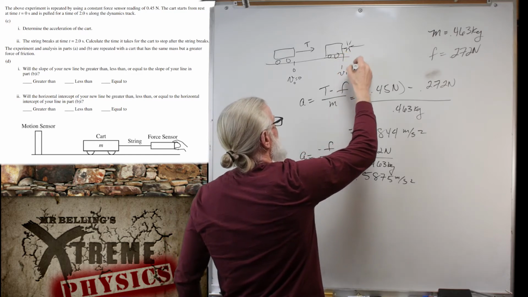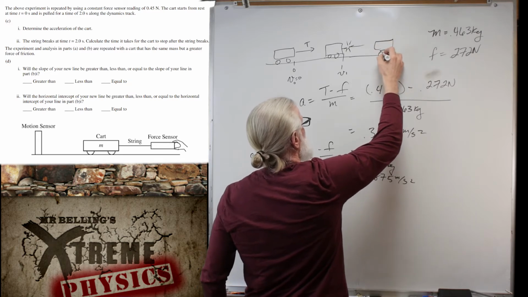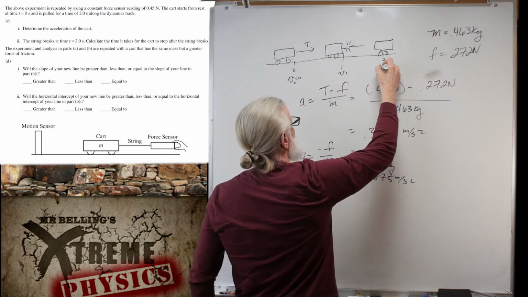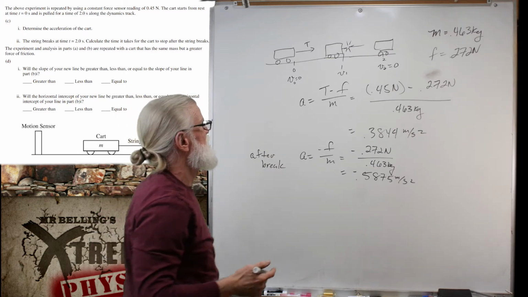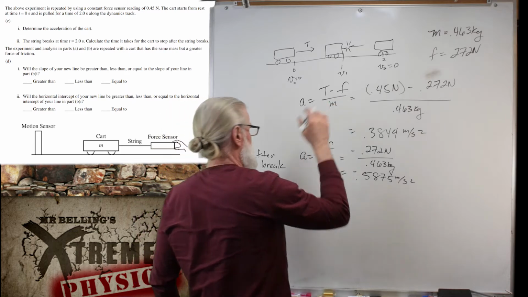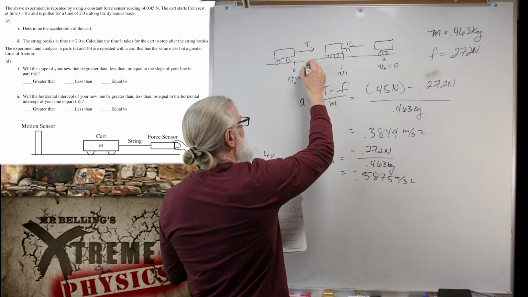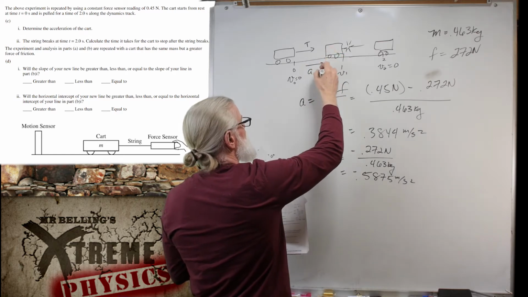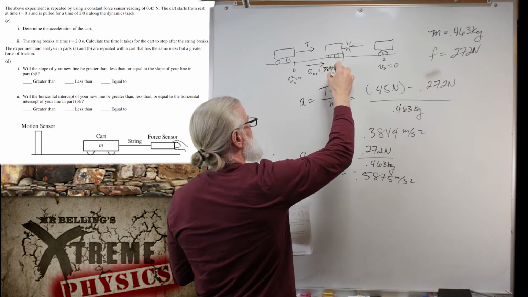So that's V1, and then finally it stops at position 2, and V2 equals 0. Right? It's not moving anymore. All right. So we want to know, between 0 and 1 the acceleration was 0.3844 meters per second squared.